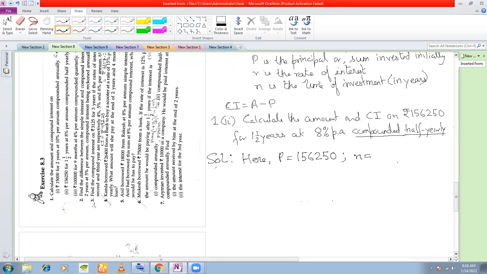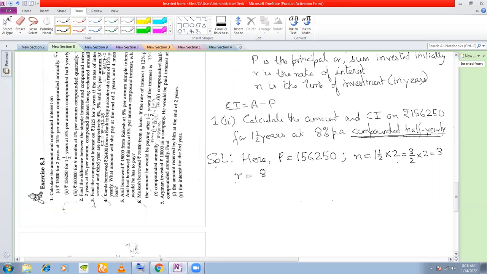But remember, when you are putting it in the formula, since the interest is compounded half yearly, because you are dividing the year into two parts, you will multiply the time by 2. Is this step clear? That means n you will put as 3 and not 1.5. And the rate here is 8%.